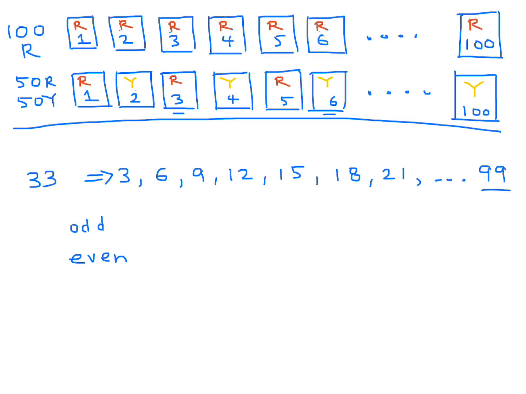That's important because currently in our diagram, the odd numbers are red. And our even numbers currently in our pattern are yellow. 2, 4, 6, all the way up to 100.